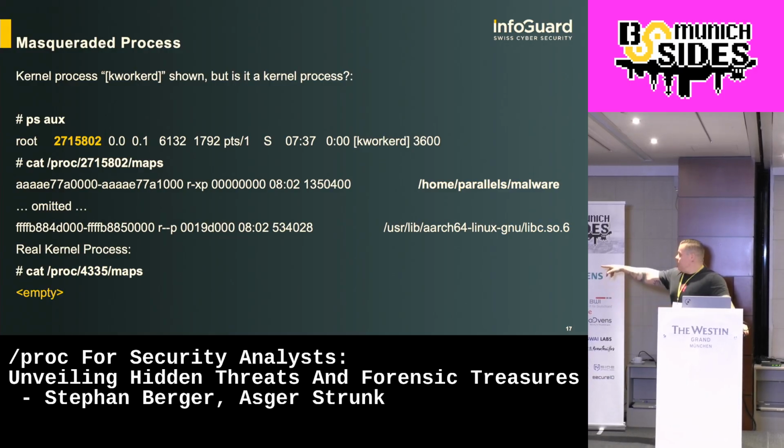You'll see, first off, home parallels malware, pretty, but it could be something else. But in a kernel process, you wouldn't see anything. It should be empty. So that's, again, a big key thing to know: if you are looking at a kernel thread and there's something in the maps file, an alert should ring somewhere.